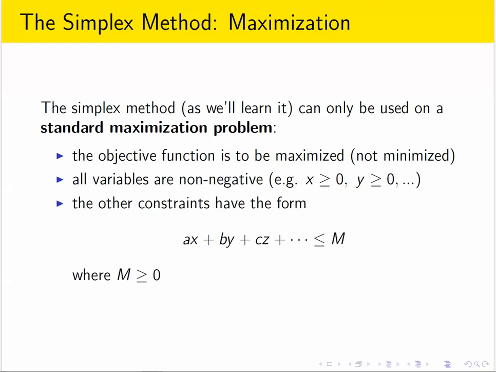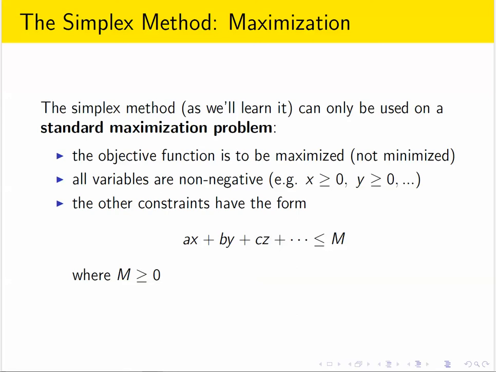And then the third requirement for calling it a standard problem is that all of the other constraints have to be expressed this way as an inequality. We can have coefficients in front of each of the variables. I'm writing this in terms of three variables, but there could be more. There could be 4, 5, 110 unknowns.